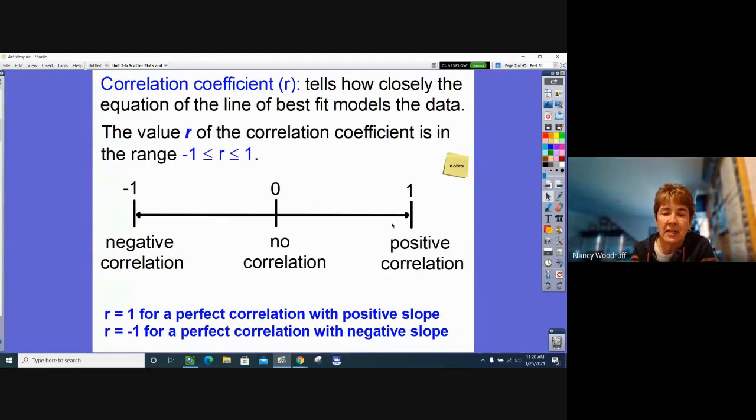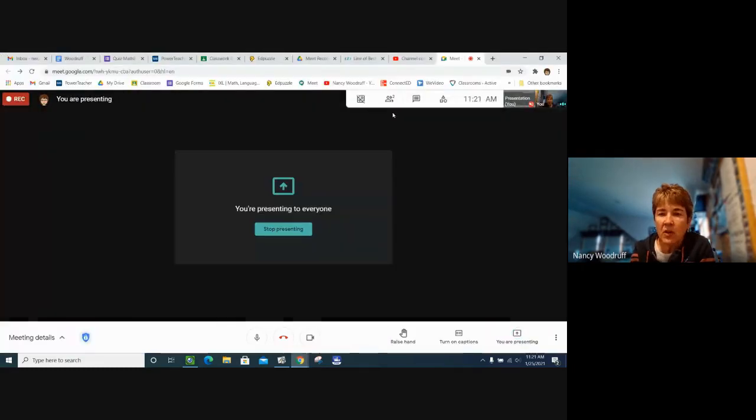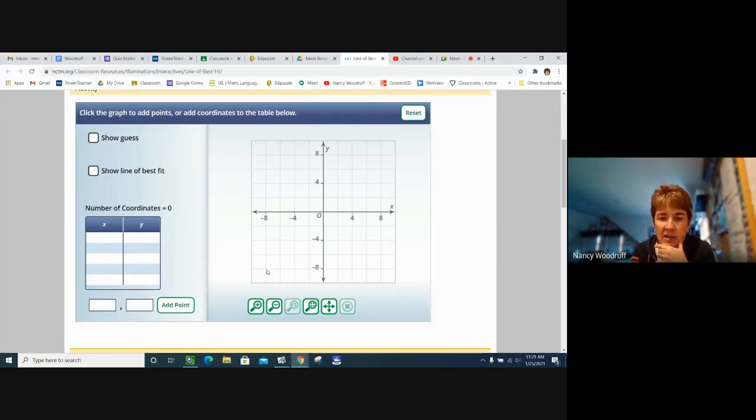So what I'm going to do right now is go out to a site and we're just going to practice a little bit together with this idea of the correlation coefficient. I'm just going to put some points on this coordinate system here, and I'm going to make this perfect, basically.